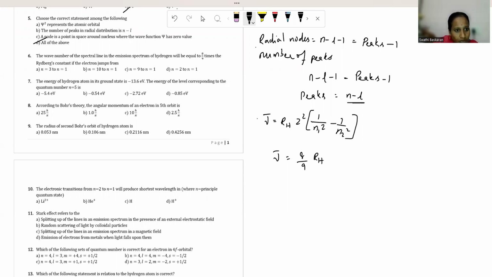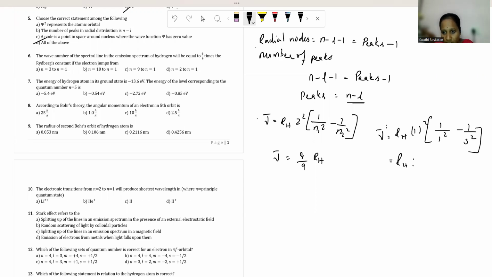Let us try. Now, n1 is 1 square minus 1 by 3 square. What will you get? See, basically I'm just substituting the values, since they are asking for the hydrogen atom itself, so we need not take Z, because the Z value will become 1. So this will become 1 by 1 square minus 1 by 3 square. On simplification, what do you get?